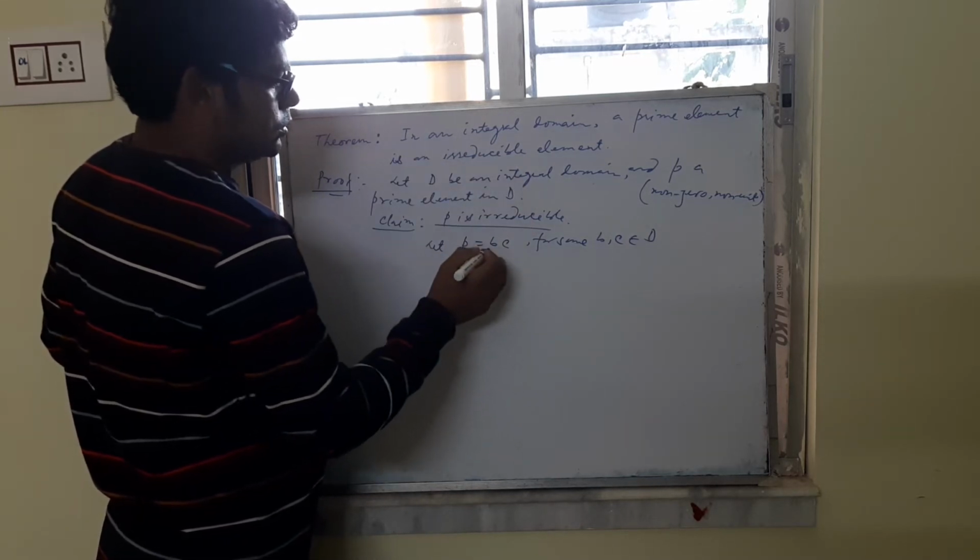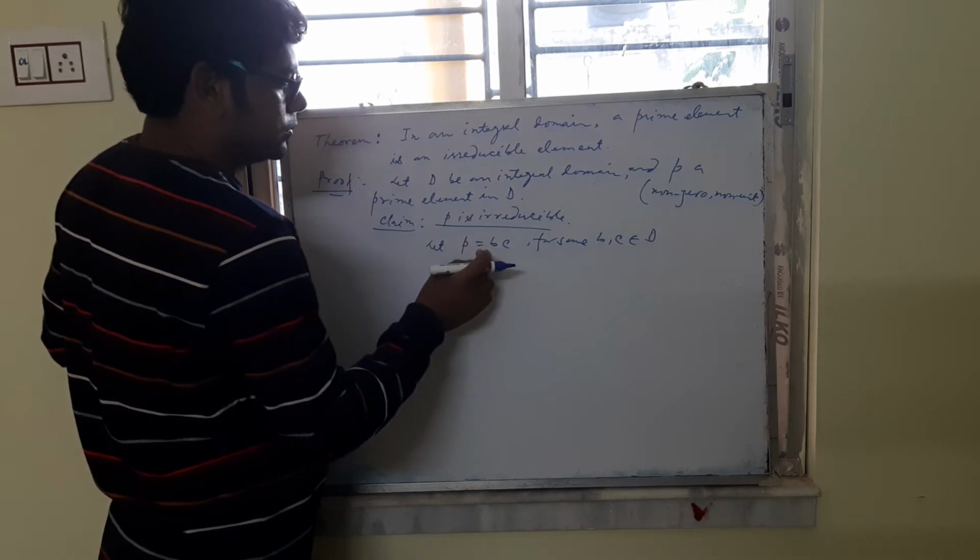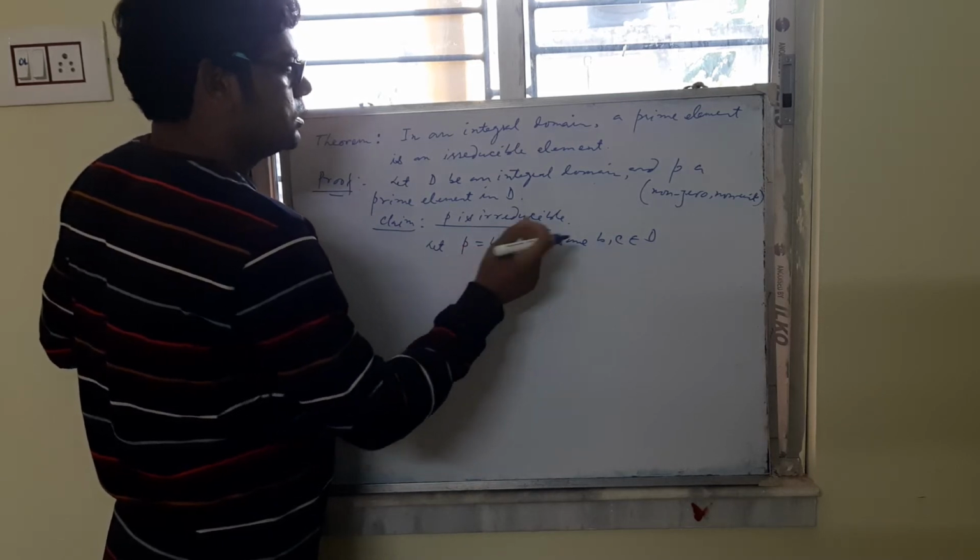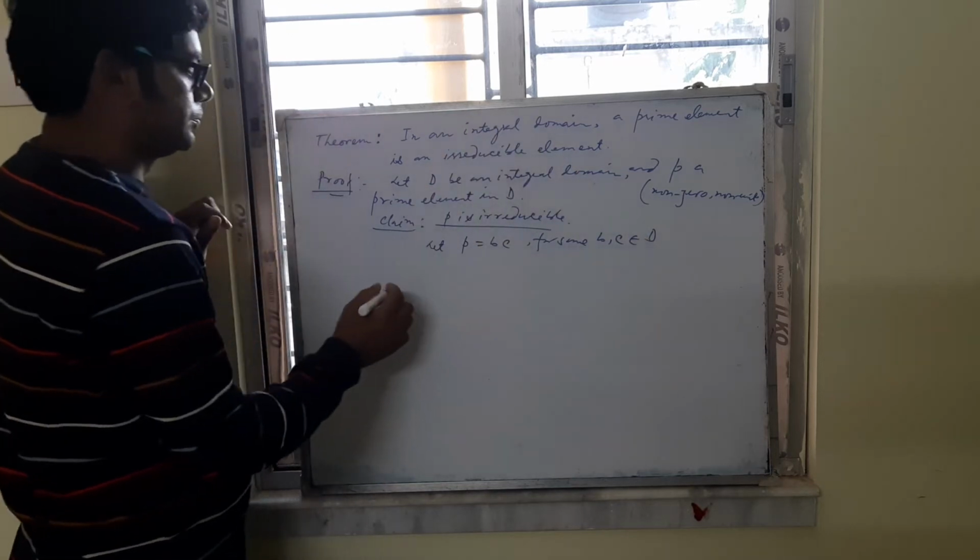So now we show that either B is a unit or C is a unit in D.